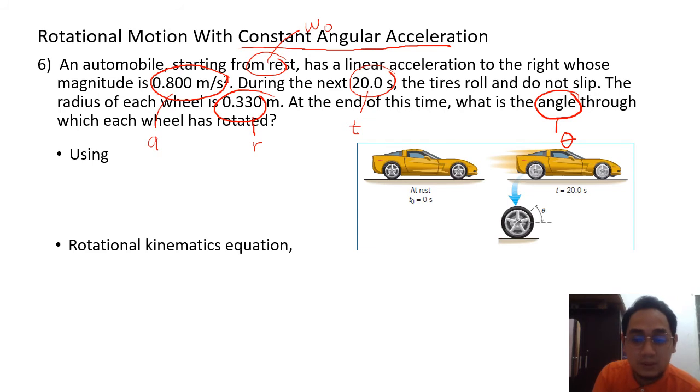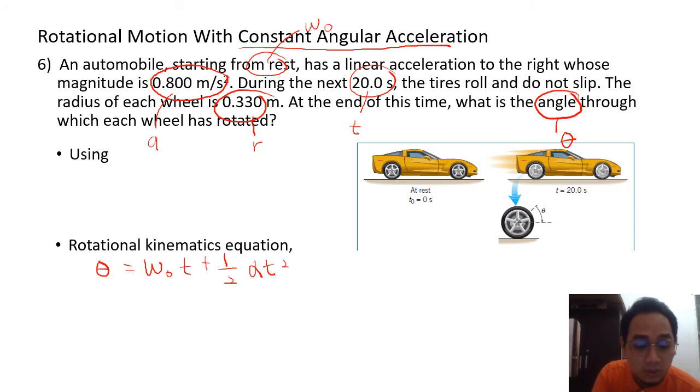Okay, so based on the information given, we can deduce that the formula that shall be used is theta equal to omega naught t plus half alpha t squared.